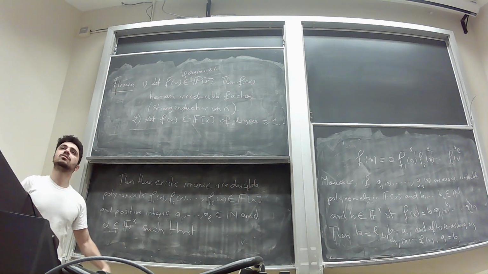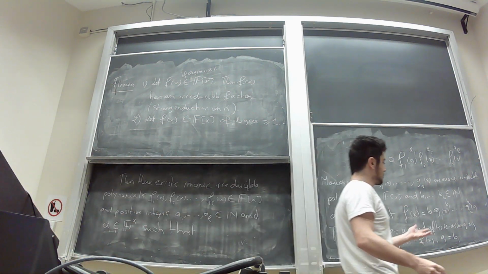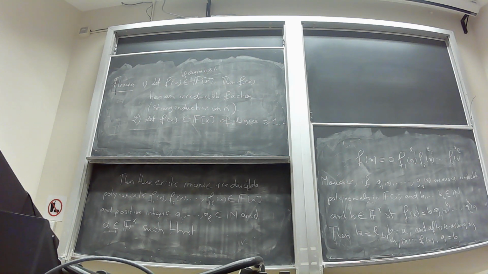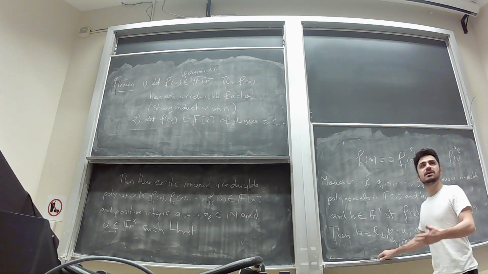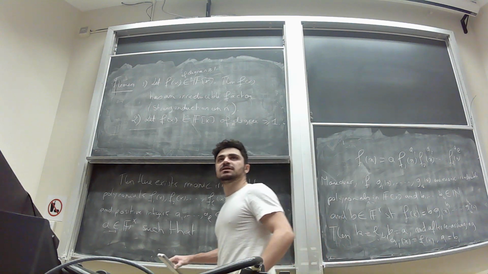Once you rearrange them, you can match them. Is that clear? If you factor a polynomial into irreducibles, there's only one way of doing it. You don't have many ways. The proof is left as an exercise and really is the same as for integers. The same idea.